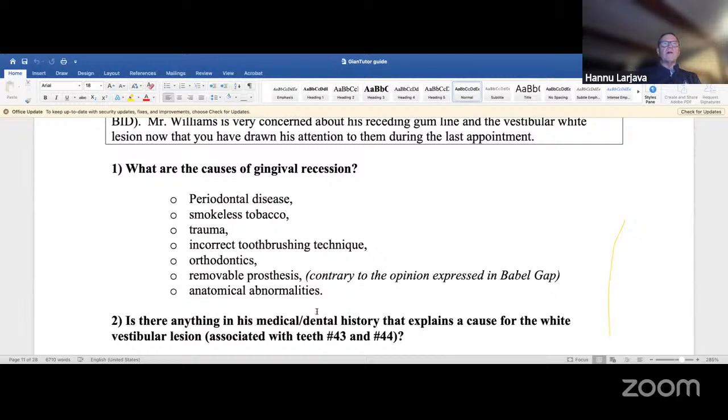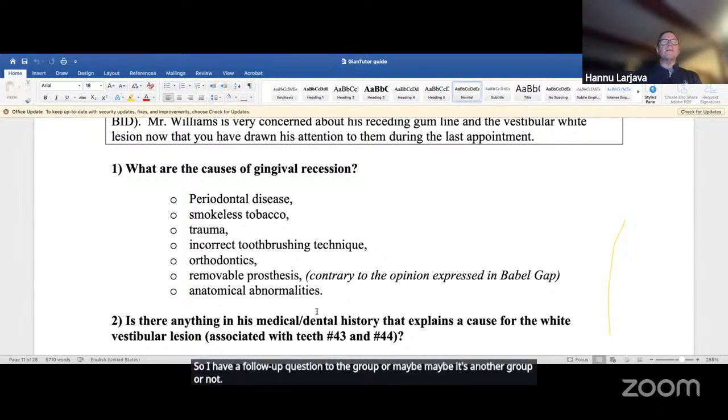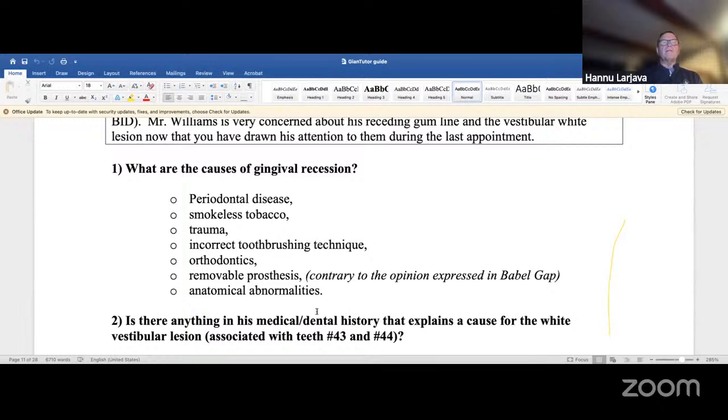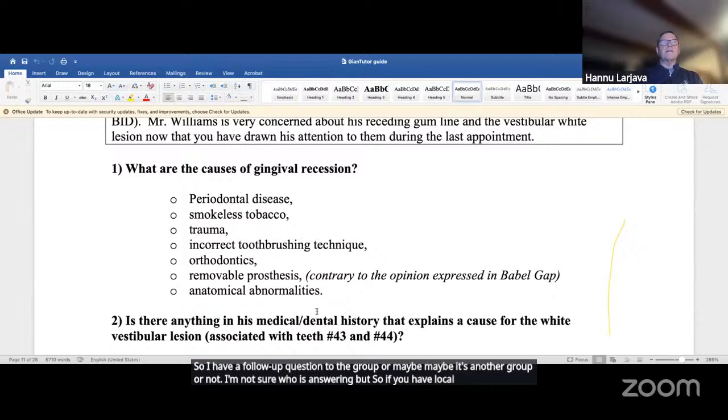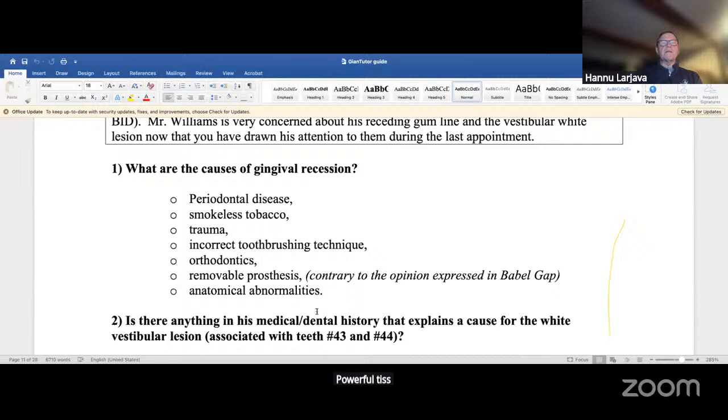I have a follow-up question to the group. If you have leukoplakia that is relatively localized into one area, like we know that smokers have leukoplakia, it can be very generalized, through the palatal tissues and cheeks and gums.